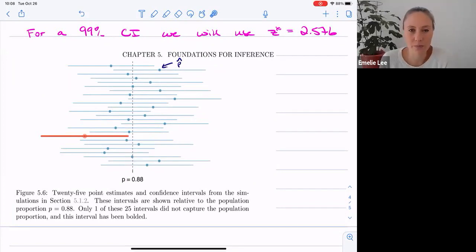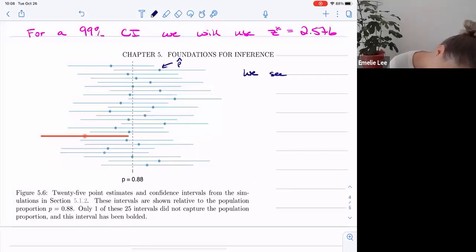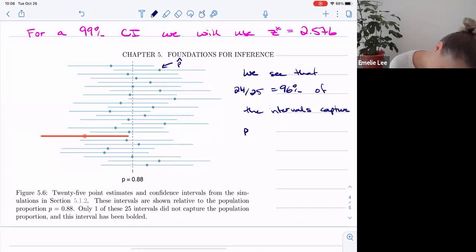We don't know the population proportion typically. And so here we see that 24 out of 25, which is 96% of the intervals, capture p equal to 0.88.